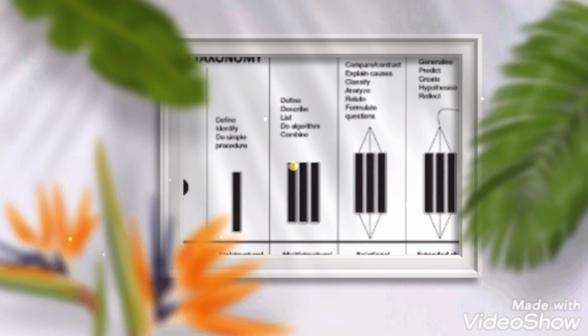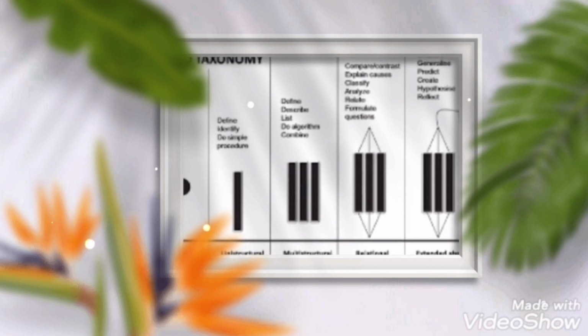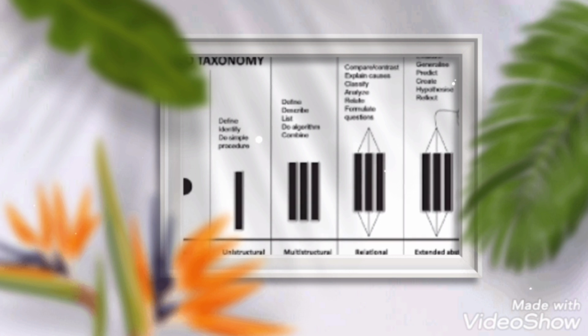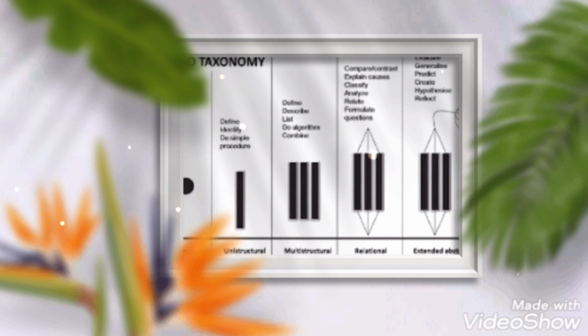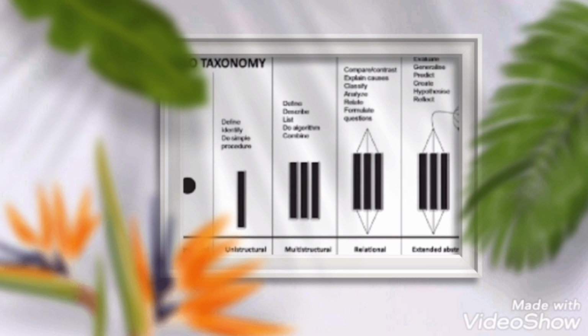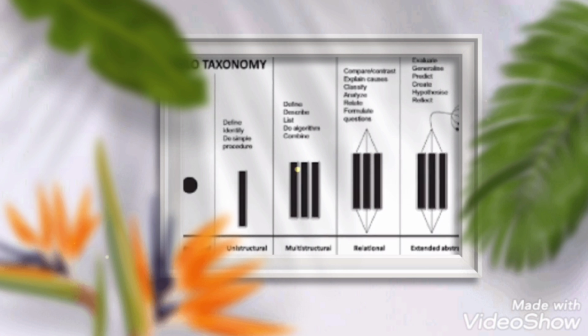It refers to multiple structures, and the fourth one is the relational level. It refers to a complete integrated set of structures, and the fifth level elaborates the concept of understanding beyond the integrated set of structures.